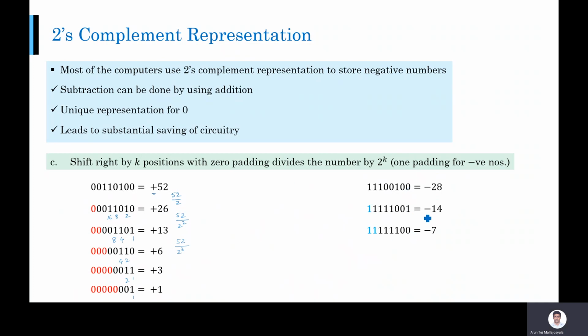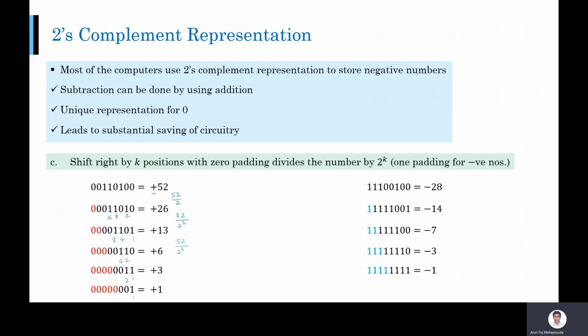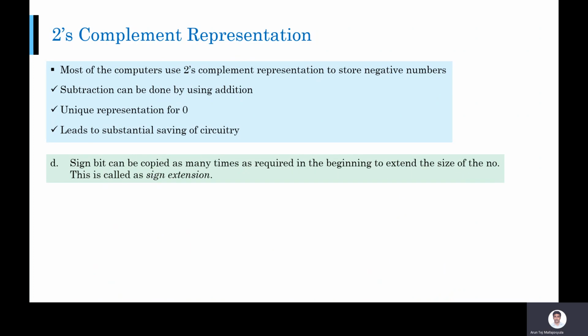I can shift by two positions, one more position with two ones here, and I will get minus 7. Do it again, I will get minus 3. It should be minus 3.5, but because it's a fraction, it will be minus 3. One more position, I will get minus 1 and so on. So division and multiplication by 2 is easily done by shifting the positions to the right or left. That is substantial circuit saving.